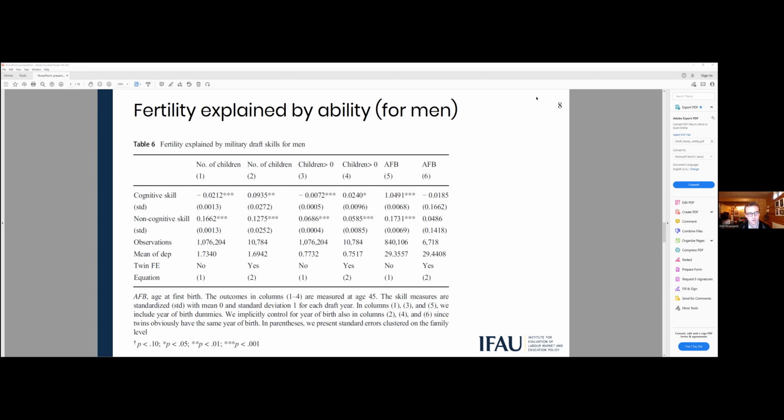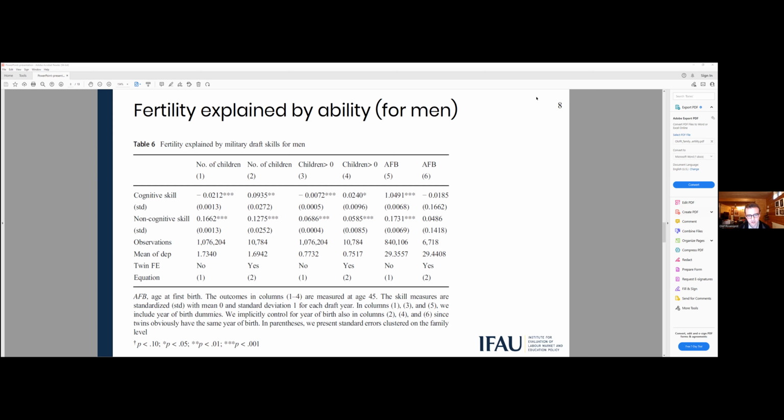And then we have the non-cognitive skill, which is this assessment by the psychologist at the draft. And here we put them in simultaneously in the model. Looking at column 1, we see a little bit of a negative relationship between cognitive skill and number of children, and a very strong positive relationship between non-cognitive skill and number of children.